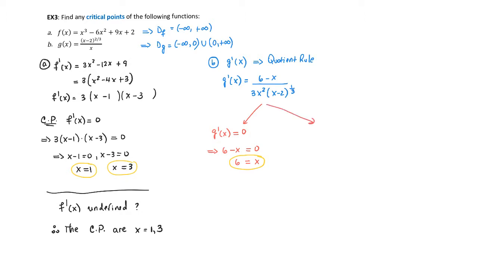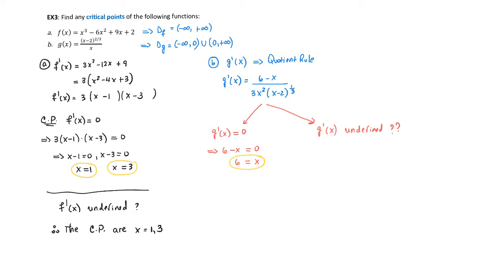Now I have to figure out, are there x values that will make my derivative undefined? And because that derivative has a denominator with variables, there are x values. If the denominator is equal to 0, then the derivative is going to be undefined.